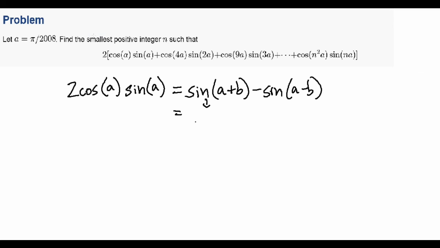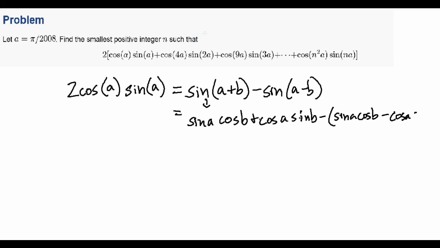Well, sine(A plus B) is equal to sine A cosine B plus cosine A sine B. And sine(A minus B) is sine A cosine B minus cosine A sine B. If you just reduce this, these two cancel out, and you're left with 2 cosine A sine B.